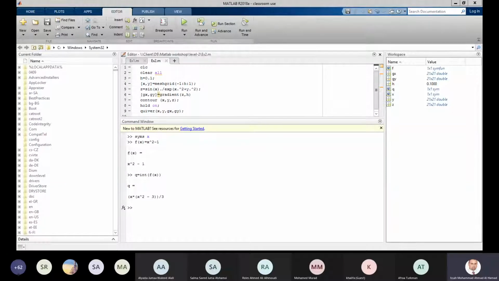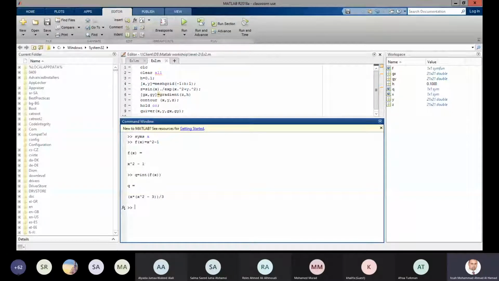Now, let's go back again and define the polynomials, for example, P1 equals x squared minus 1. So this will be x squared, this is 1, 0, minus 1. Okay. Now we can use the function polyint.